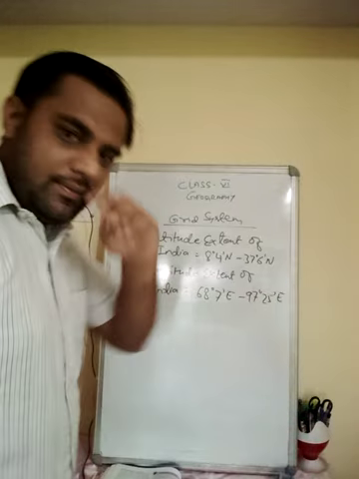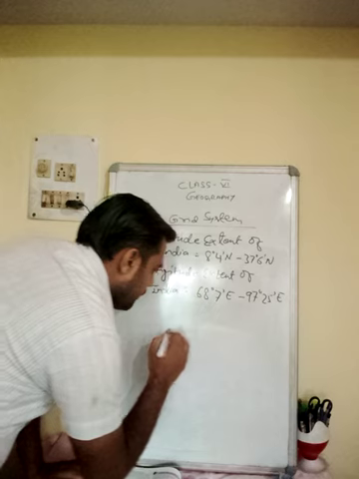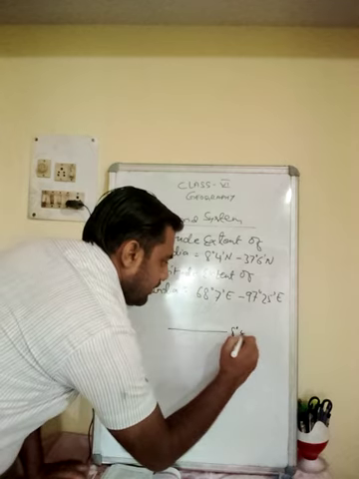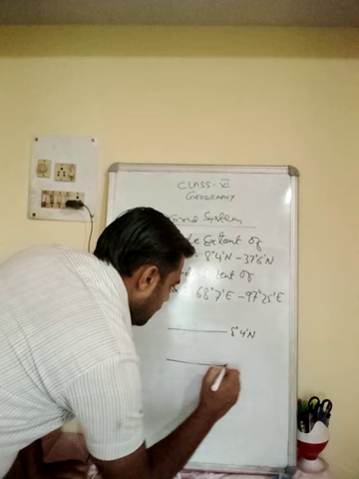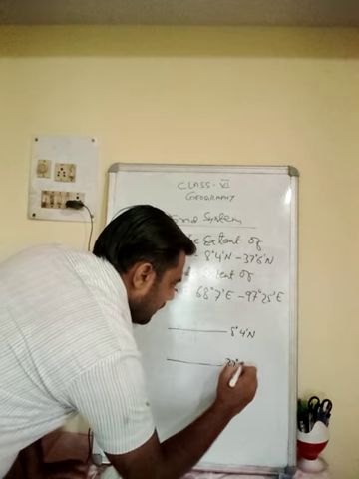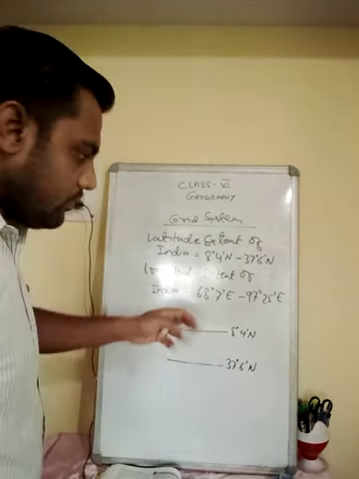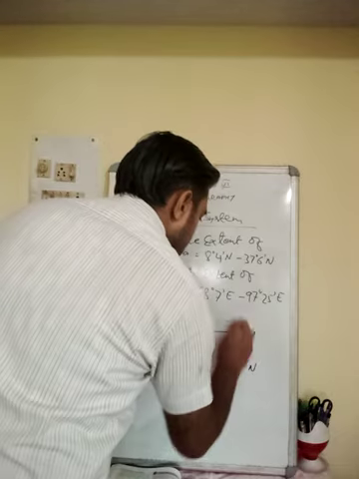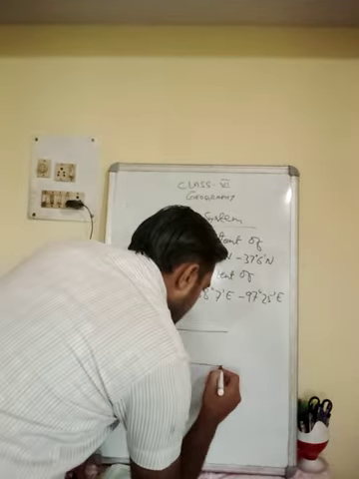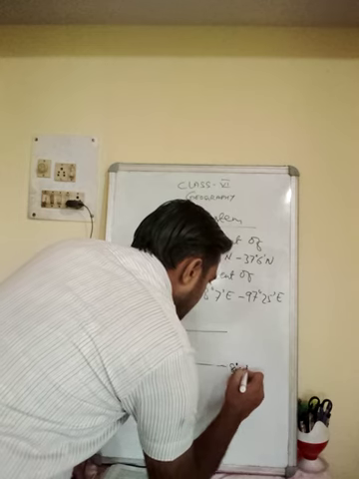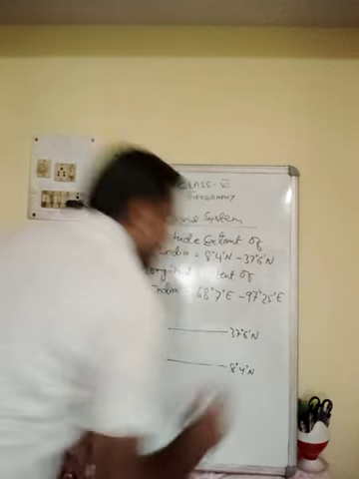So what this means, all we have to do on map is look for two latitudes which are 8 degree 4 minute north to 37 degree 6 minute north.